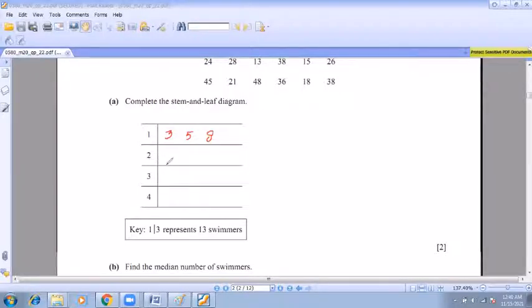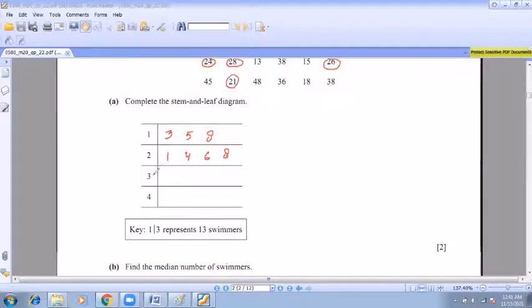So here it is 21, we have 24, then we have 26, and then we have 28, meaning 8. After this, there is no other number from 20 to 29.